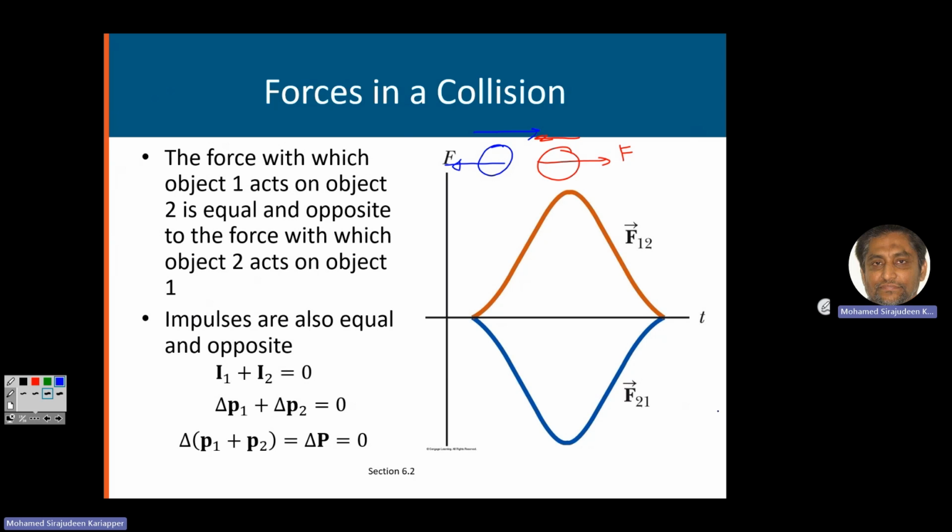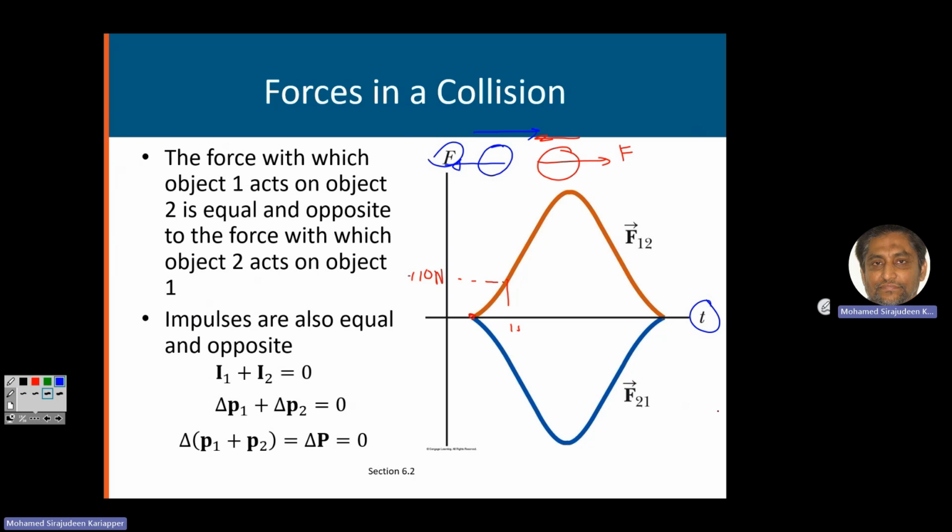I'm going to plot the forces as they make the collision versus time. For the red ball, before it hits it will have 0 force, and maybe at 1 second it may have, let's say, 10 Newton to the right, so positive force.